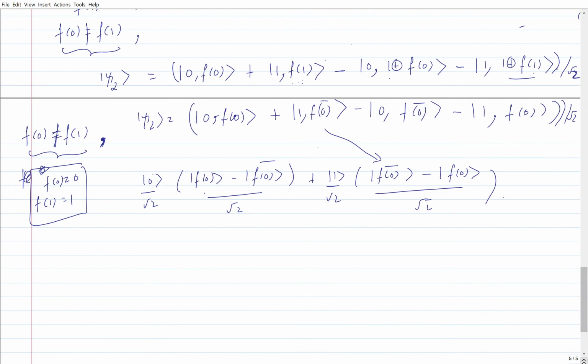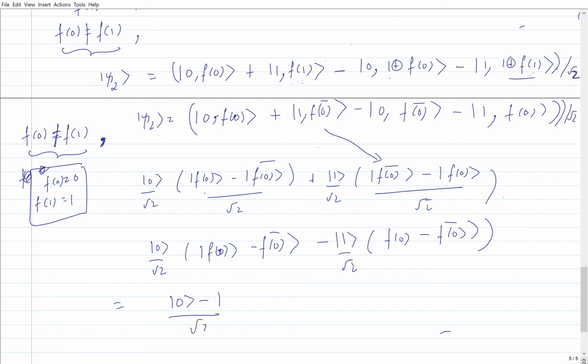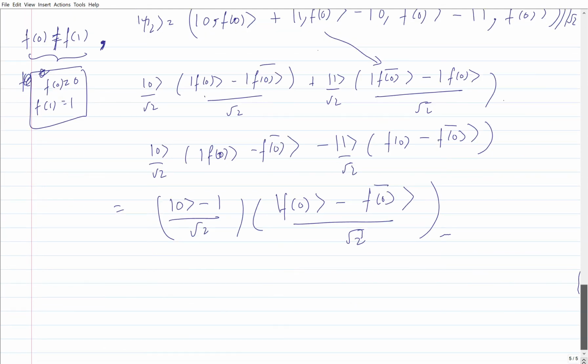Now I can massage it. I'll just take this minus sign outside, so that becomes minus, which factorizes as this guy.